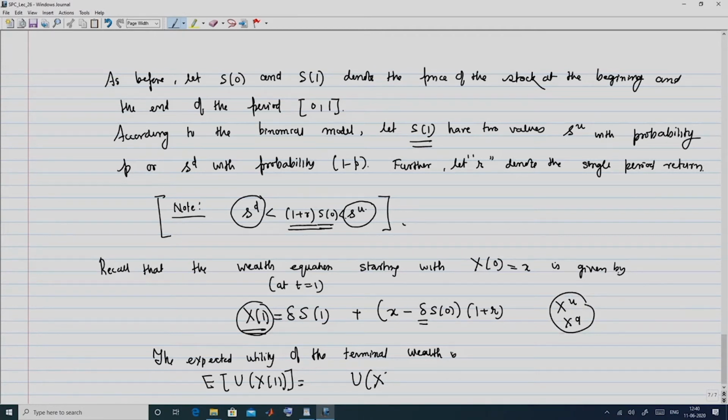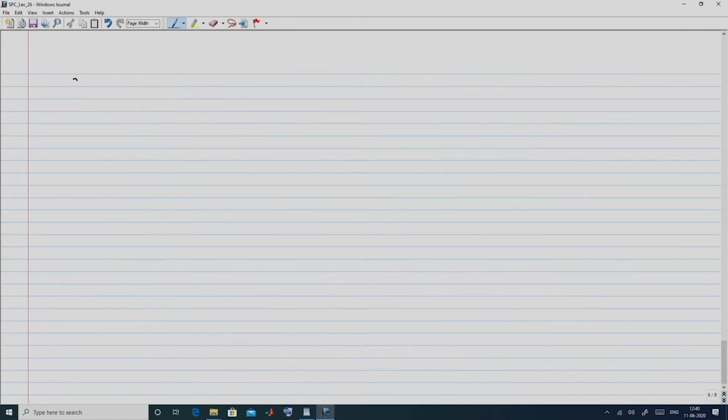So the corresponding utilities are going to be u of xu and u of xd, and the respective probabilities are p and 1 minus p. So the expected utility is going to be the sum of these two. And what is the goal? The goal is to maximize the expected utility.